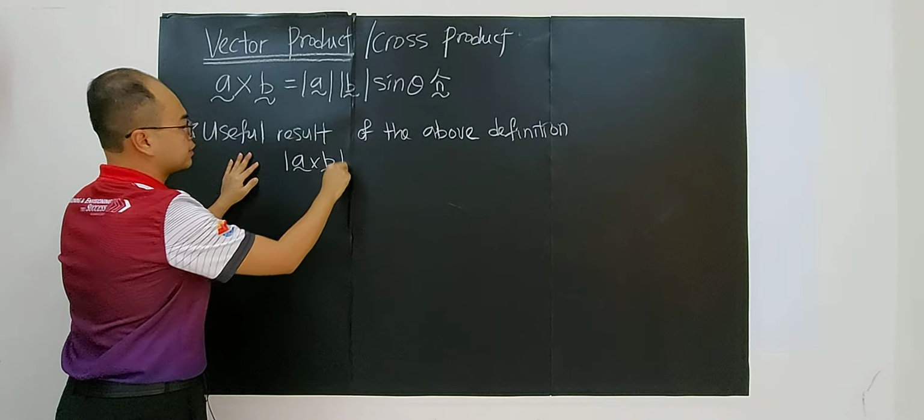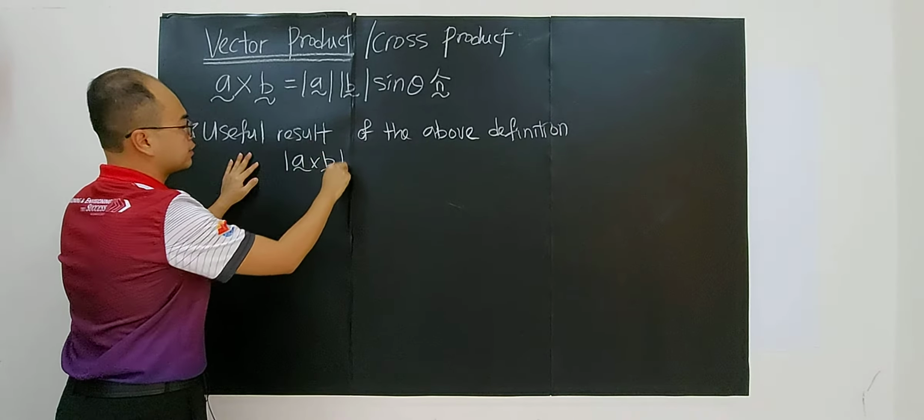Now let's look at the result for two parallel vectors, which is very important. Say vector A is parallel to vector B. You have to understand the meaning of parallel.